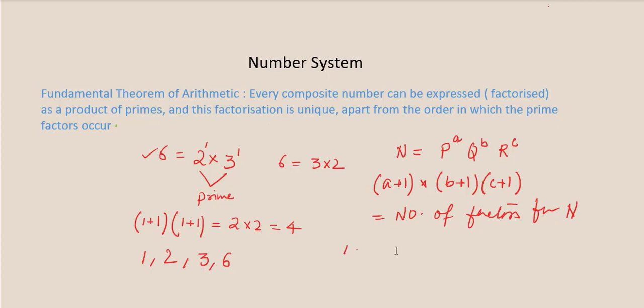Like 18. So, 18 can be represented in the form of prime numbers like this: 2 multiplied by 3 square. And if I want the number of factors for 18, then I would simply do this.